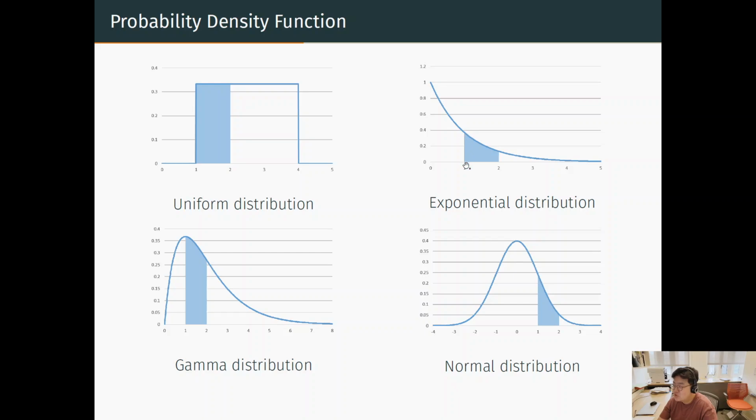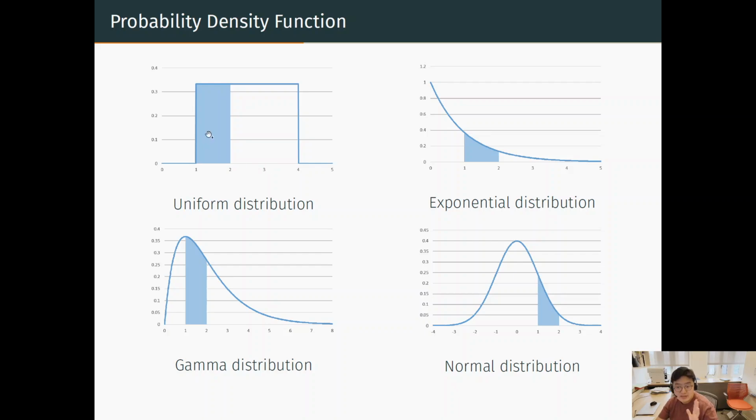But exponential distribution is not a triangle, not a simple shape to calculate the area. Similarly, gamma distribution is a little curved here, but anyhow, the colored area is the probability between 1 and 2, depending on which distribution you have.